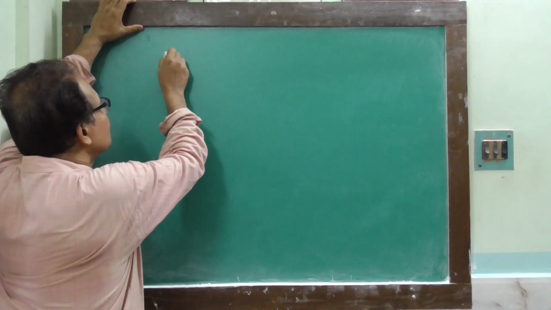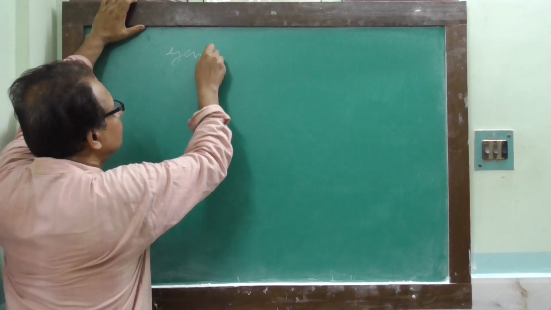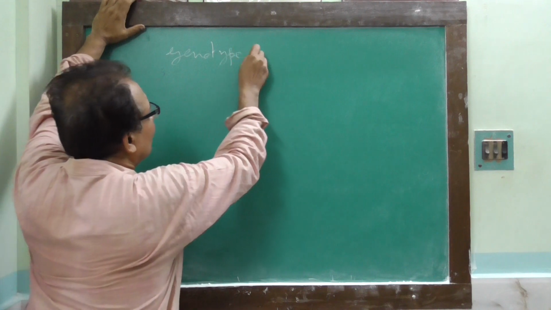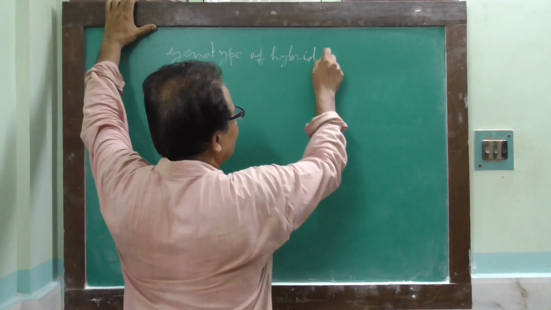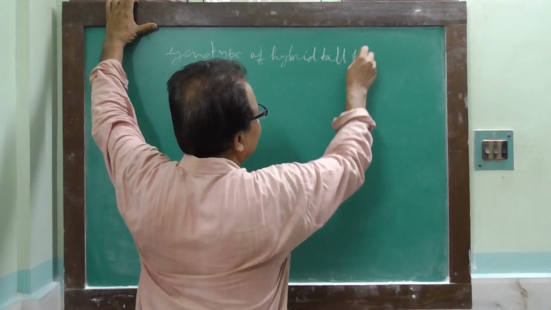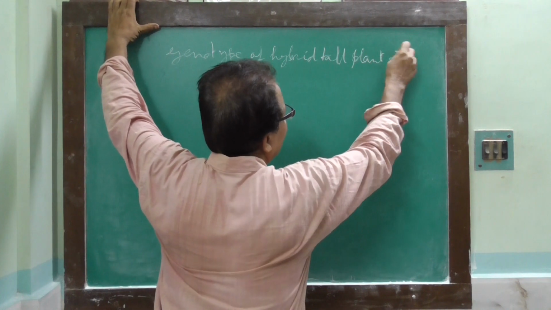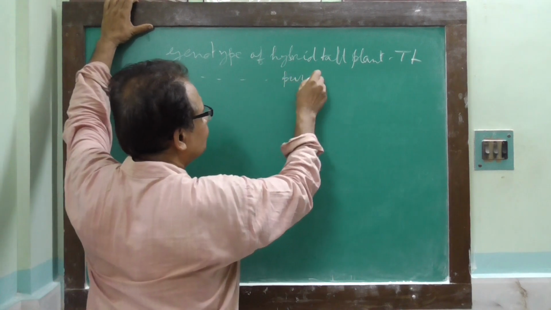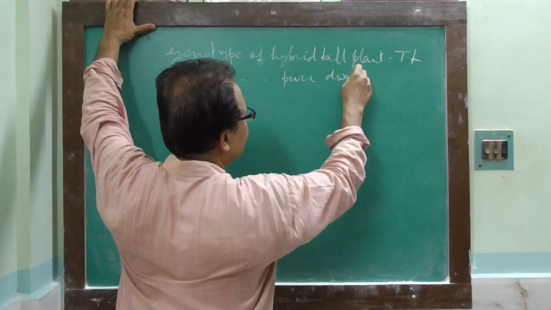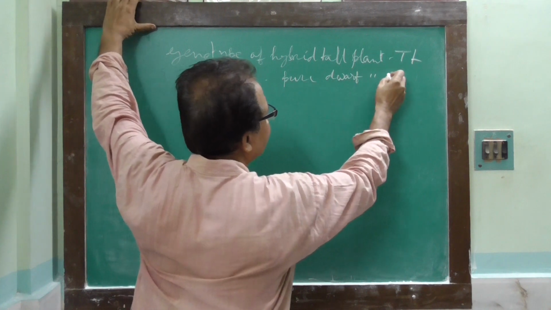So you start with the genotype of the hybrid tall plant, and the genotype of the pure dwarf pea plant.